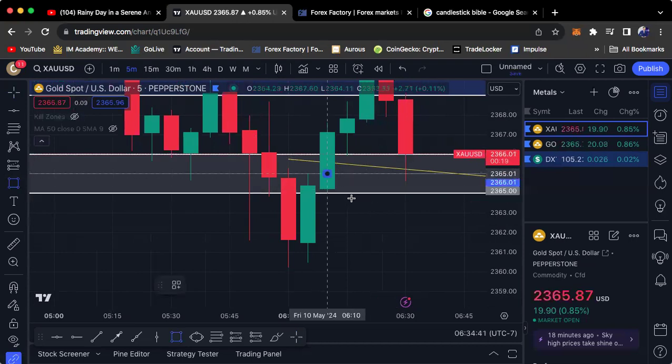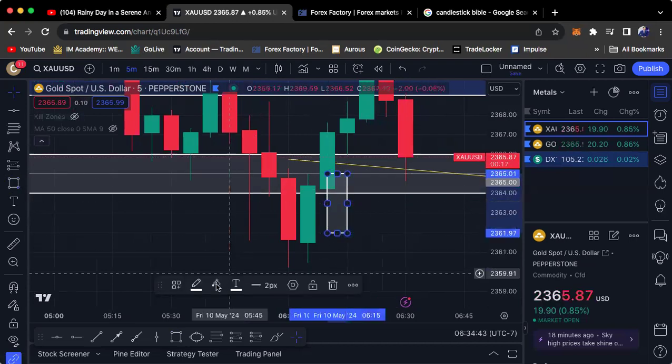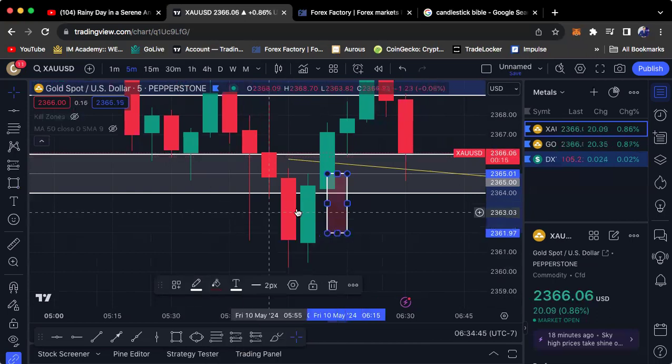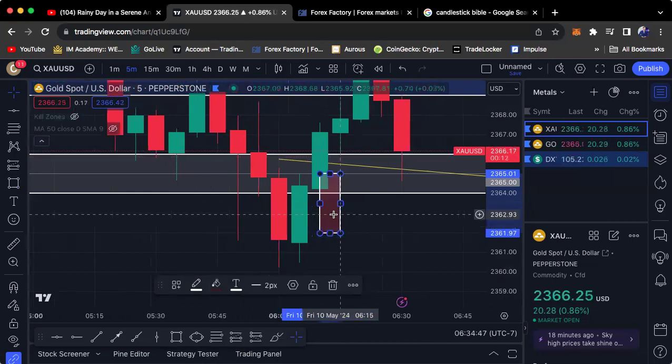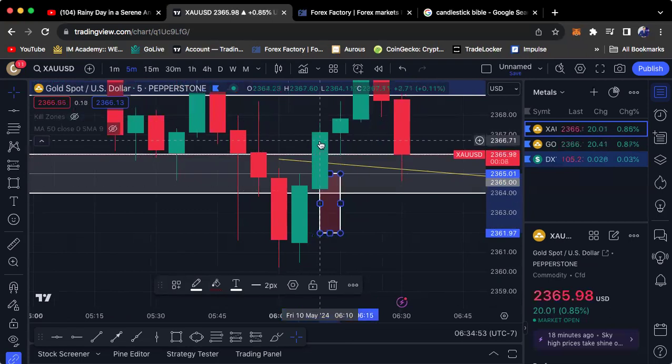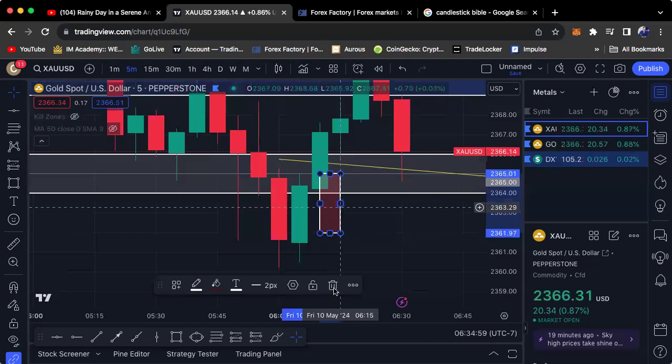But that didn't happen. Instead, it created a bullish candle. So whenever you see this, do not take the trade. Okay.